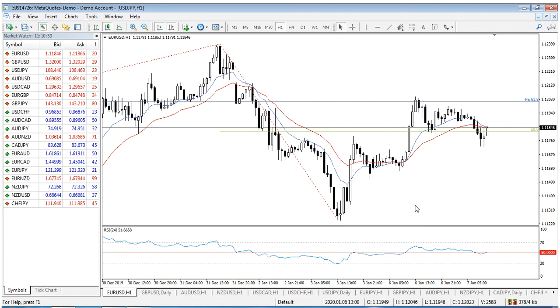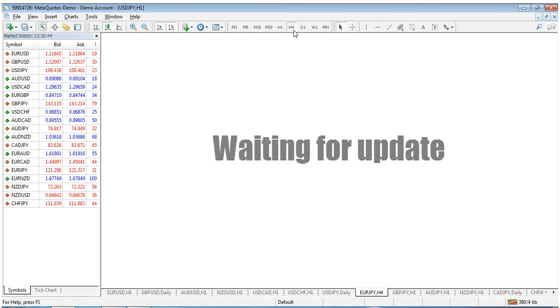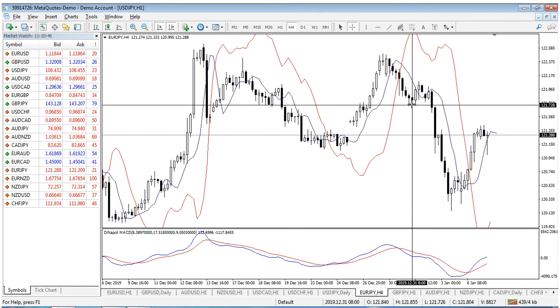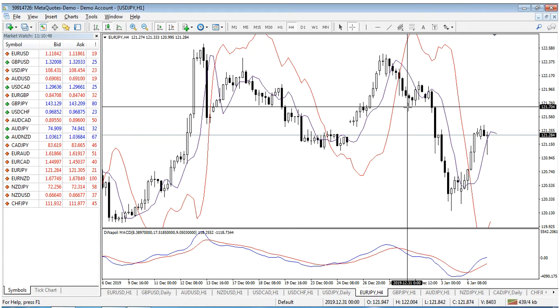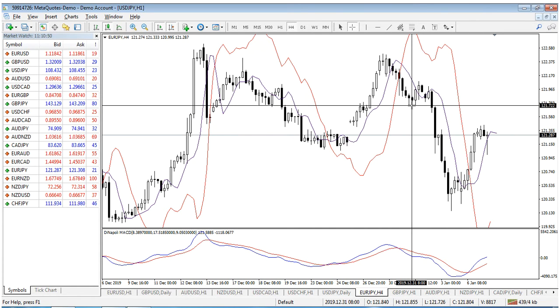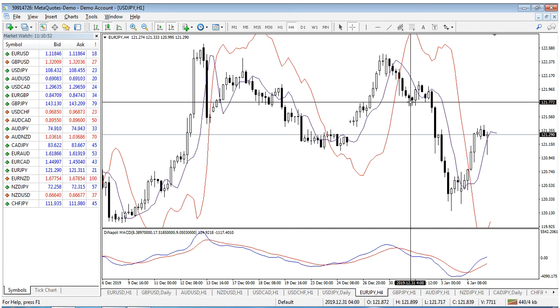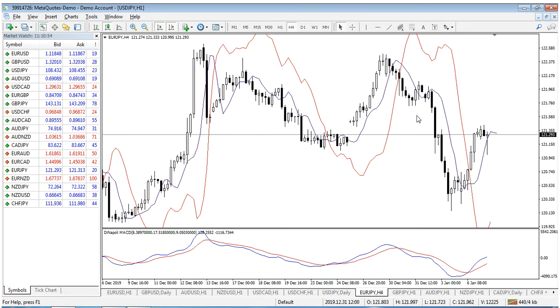Now moving to Euro USD. If you have watched my last video, that was about Euro USD, Euro JPY, and USD JPY. So as per the plan, I have entered the Euro JPY, and the target is somewhere around the previous swing low. This is something around 121.70, 121.80. So sorry, 70 or 80.